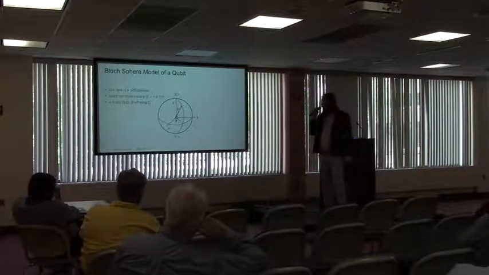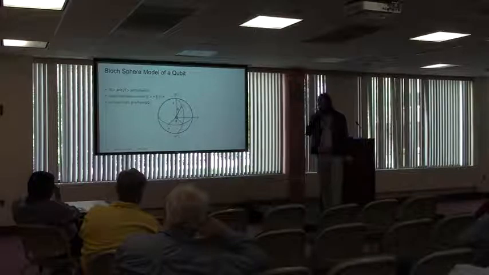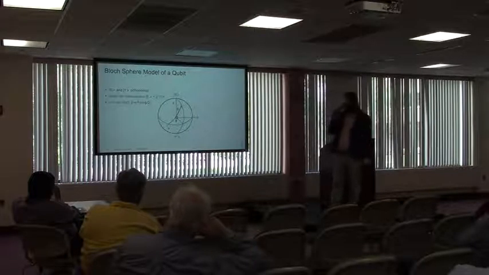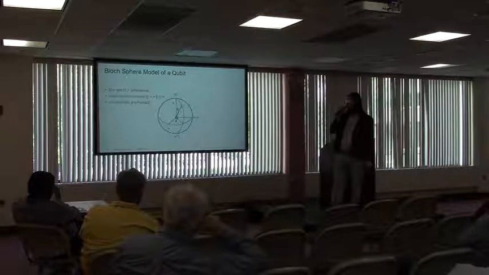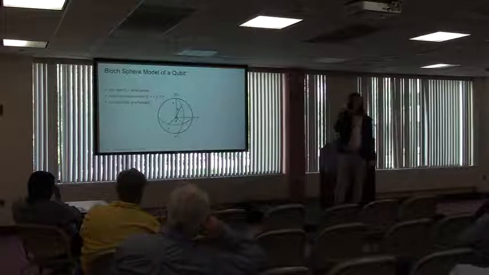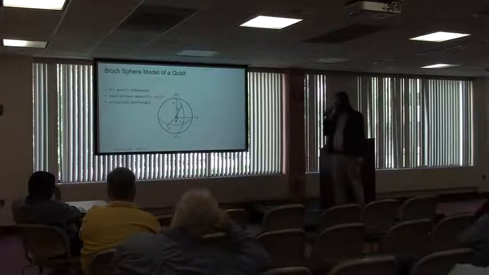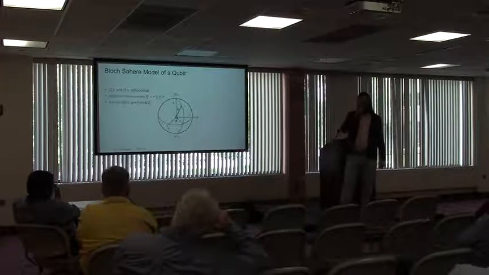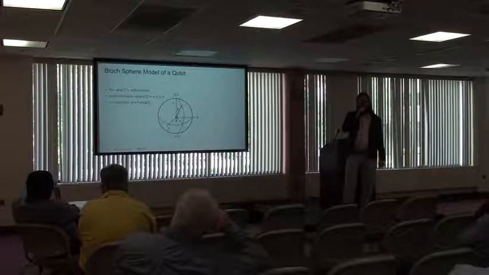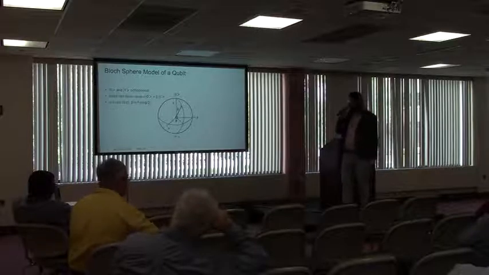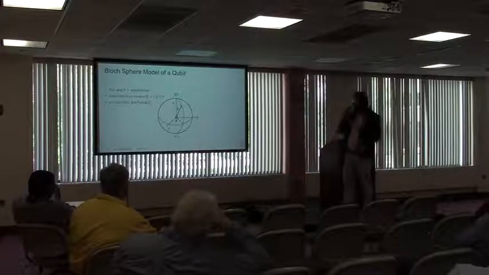And then I can define two parameters, let's say alpha and beta, and I can also write that alpha and beta in terms of those two angles, and then I can uniquely define where this arrow points in the sphere.